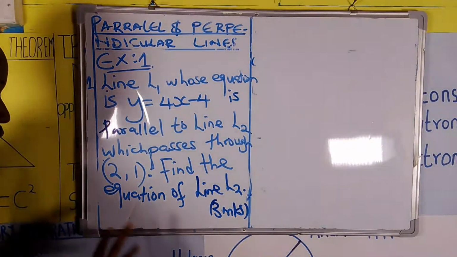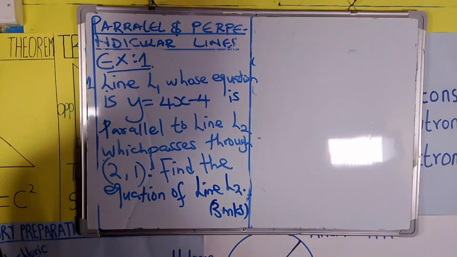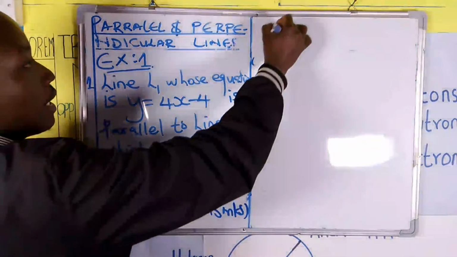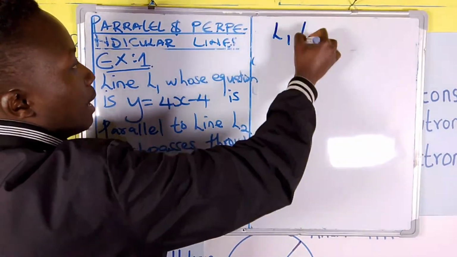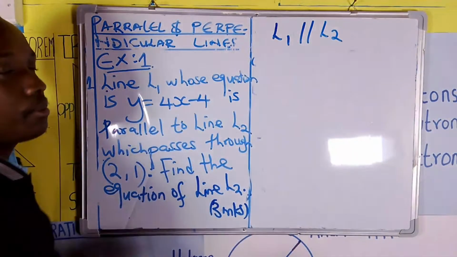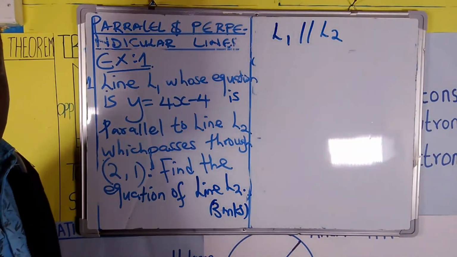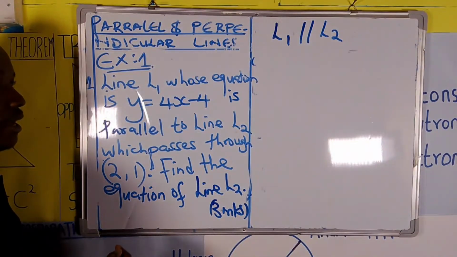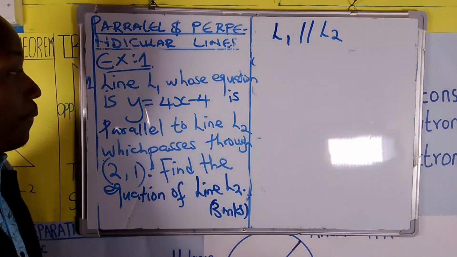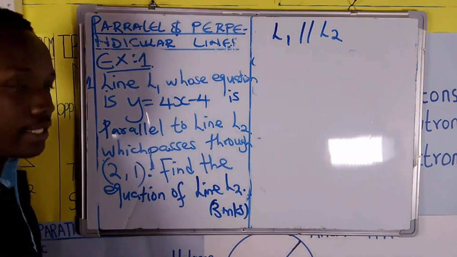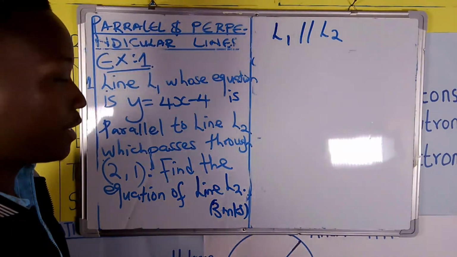In this question we have already been told that line 1 is parallel to line 2. These two slashes simply mean the two lines are parallel to each other. And as we have said, in such a scenario, the gradient of the two lines is the same. So when two lines are parallel, their slope is equal.